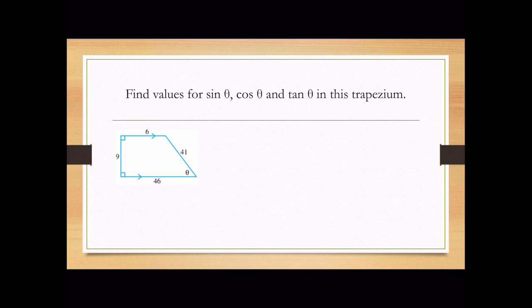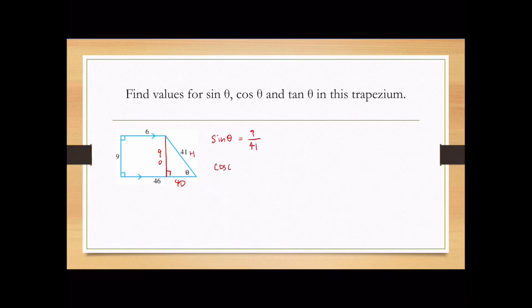All right, so this time, find sine, cos, and tan of theta in this trapezium. First of all, we need to know what this is here. We're dealing with right angle triangles, so that will be 9. And this one here will be 46 minus 6, 40. So sine theta is opposite over hypotenuse, so that's the opposite, and the hypotenuse is there.